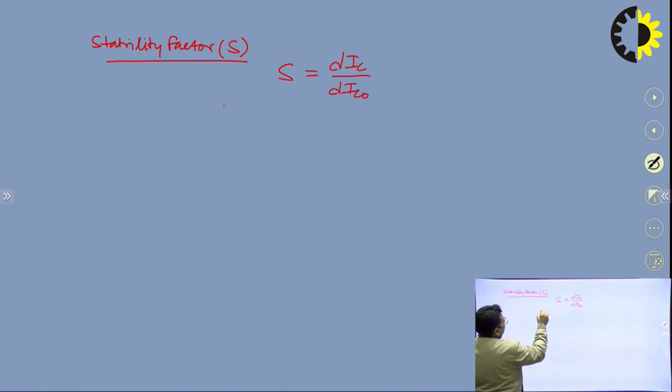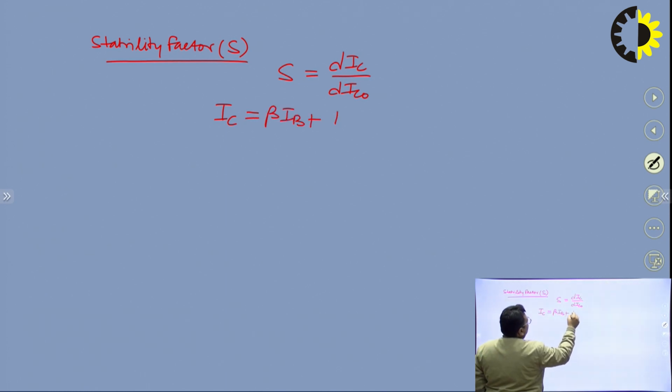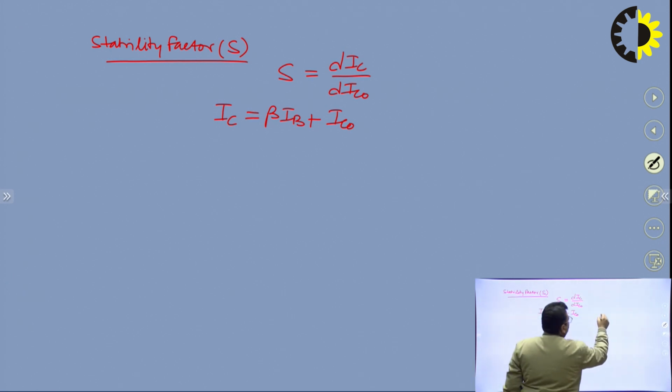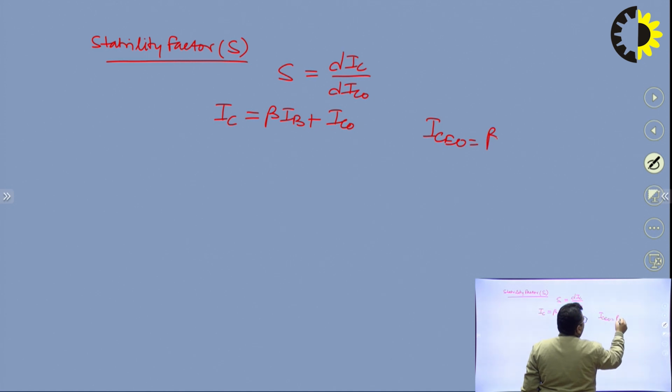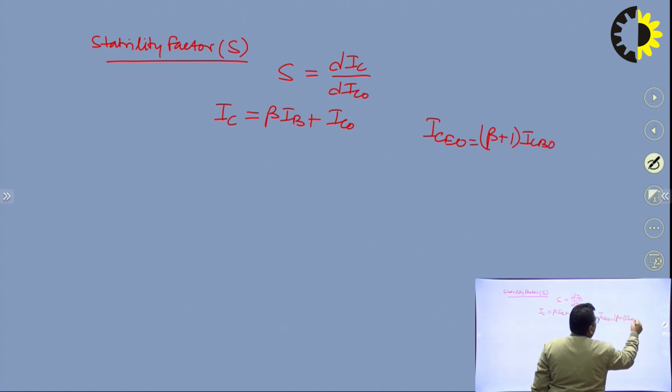So to start with, IC is equal to beta IB plus ICO, right? And one equation that we have studied, that ICEO is equal to beta plus 1 into ICBO, right?